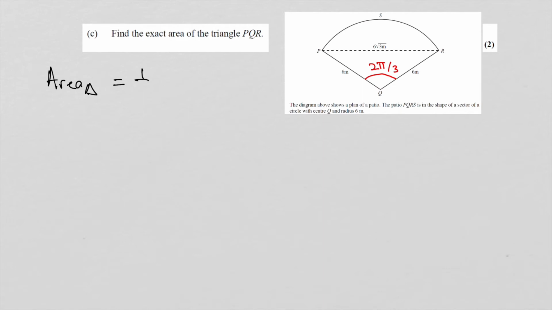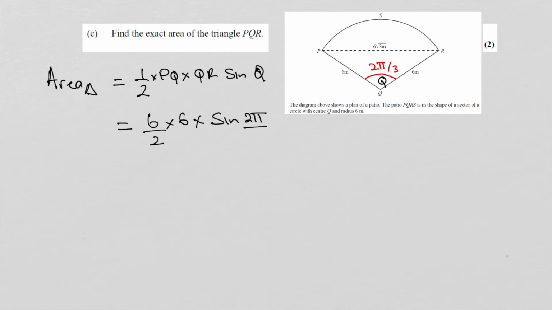equals a half PQ times QR sine Q. And this angle in the center is Q. And so that would be 6 over 2 times 6 times sine 2 pi over 3.